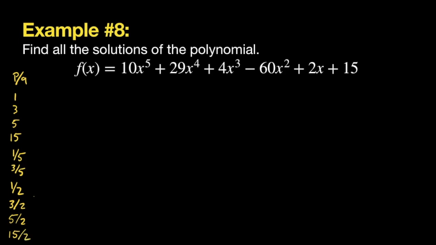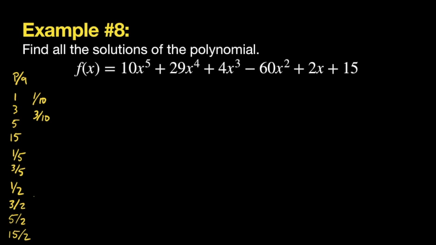We have 1 over 10, 3 over 10, 5 over 10 is going to be 1/2, but we already have 1/2, so we don't need to write that one. And 15 over 10 is going to be 3 over 2, so we don't need 3 over 2 either.